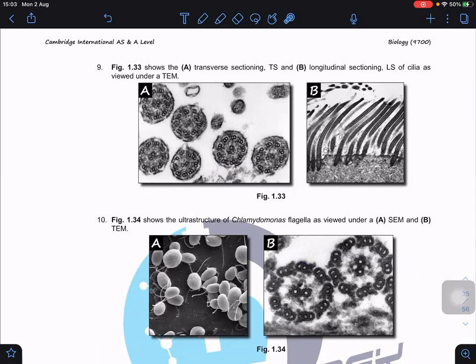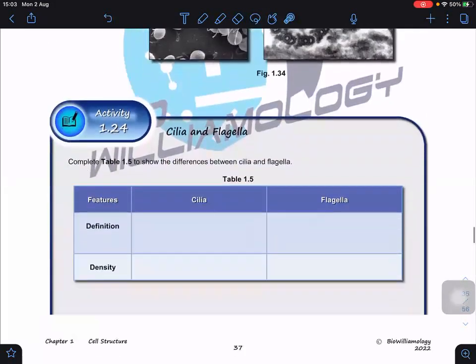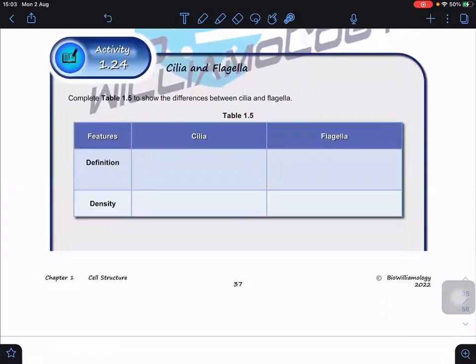Let us look at the comparison between cilia and flagella. In terms of definition, cilia are short, hair-like appendages extending on the surface of a living cell, so it must be animal cells. Flagella are long, thread-like appendages on the surface of the living cell.